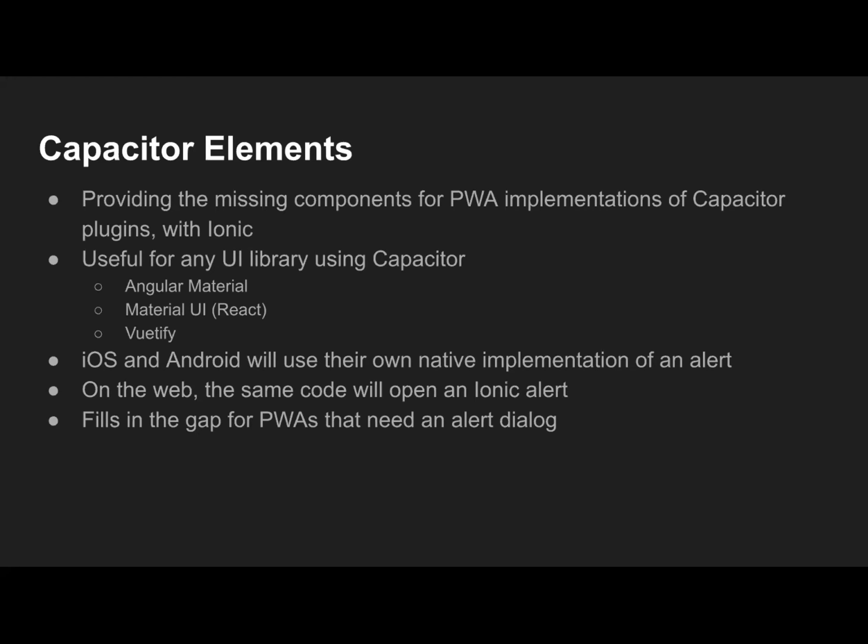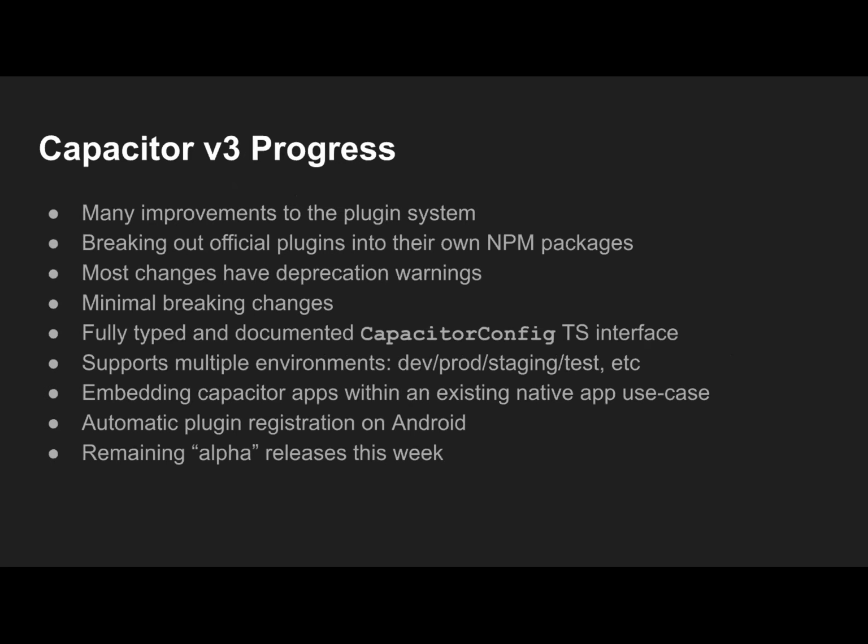And so it's not really based on writing templates, but more as an API that you'd import. So that's something we'll be working on over the next couple of months. And basically, I want to make sure that Capacitor is easy to use with any UI library, not just Ionic, on PWAs too.